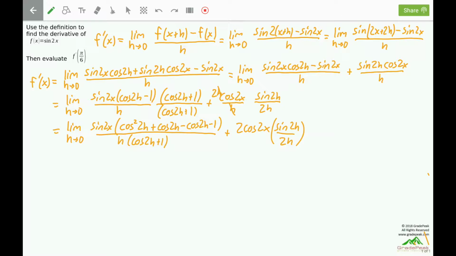Now for the first fraction, the outside and inside terms will cancel after the trig conjugate FOIL. I'm going to write the identity. Cosine squared of 2h plus sine squared of 2h equals 1. I can subtract the 1 to the left side, so cosine squared of 2h minus 1 will equal the negative of sine squared of 2h on the right side. And that's what I can replace that with in our first fraction.